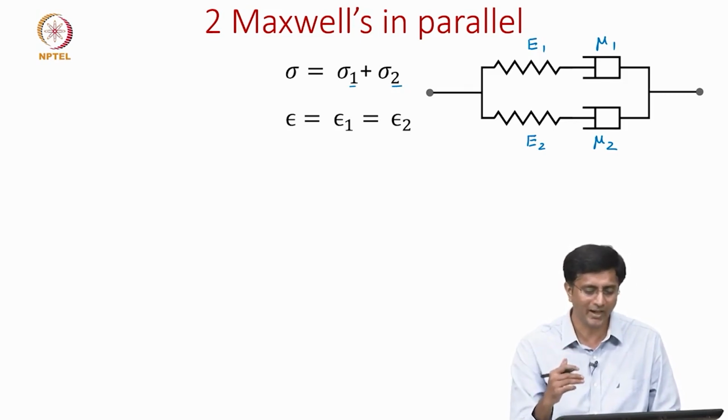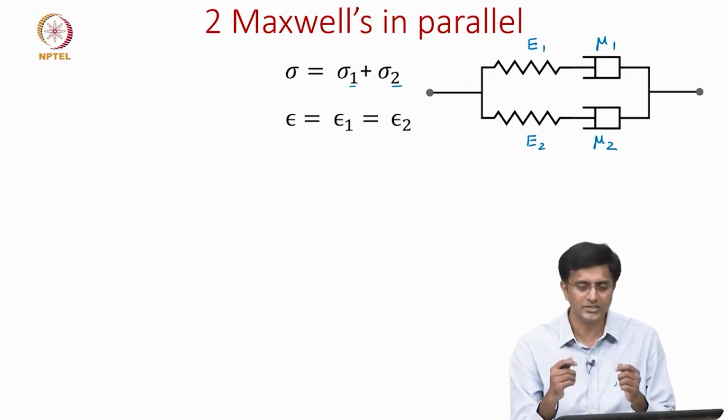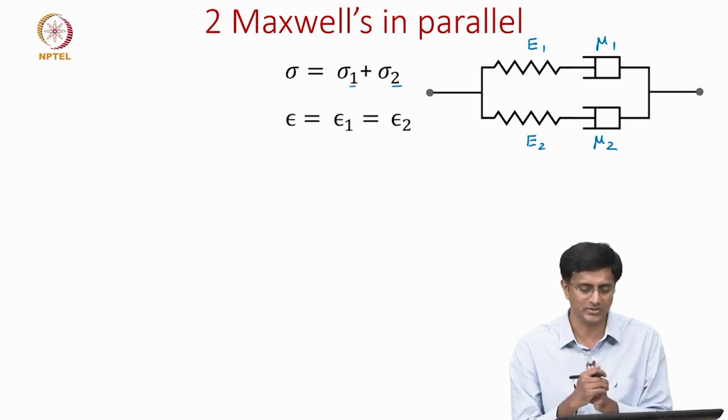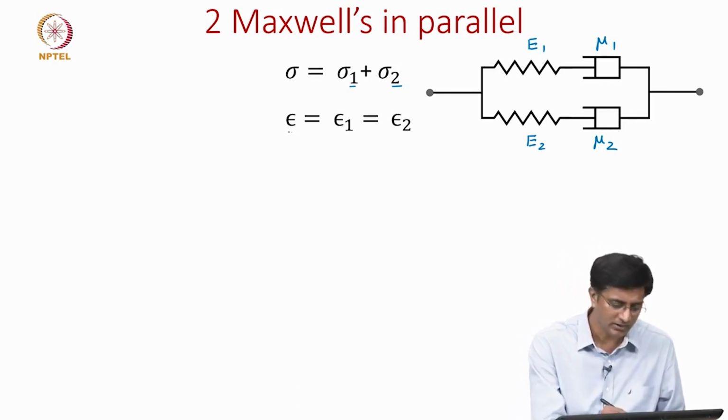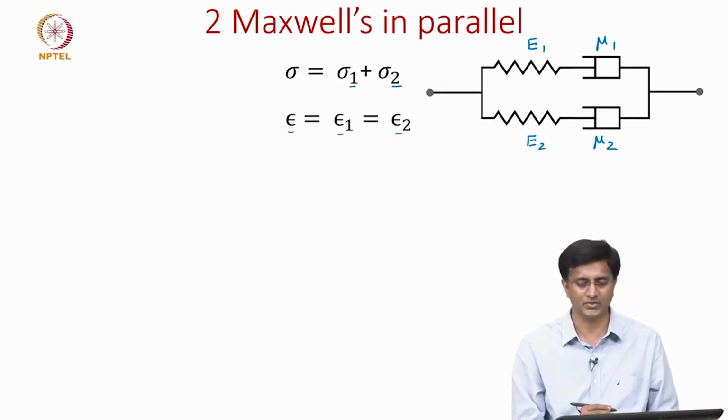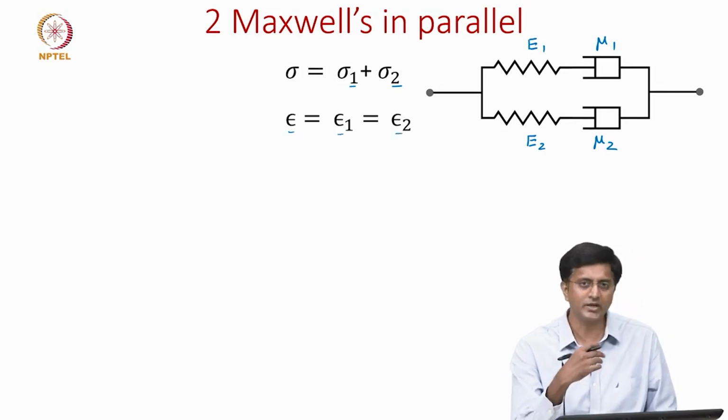Since these two are in parallel, the stress is a sum of the stresses in the first and the second Maxwells, whereas the strain is the same. So, the total strain epsilon is equal to the strain in the first Maxwell and is equal to the strain in the second Maxwell. Now, let us look at the constitutive equations of each of these Maxwell models.